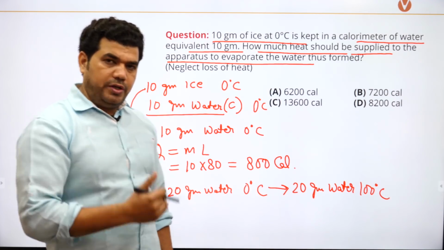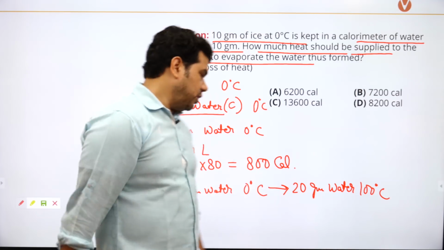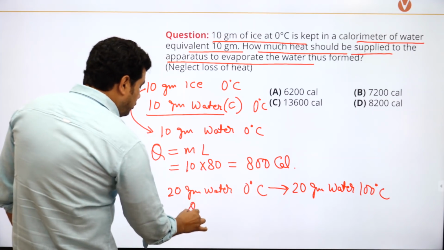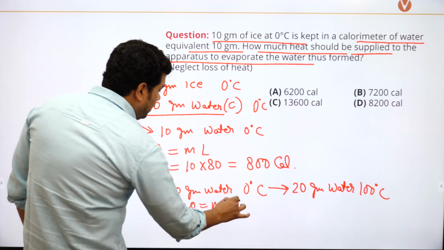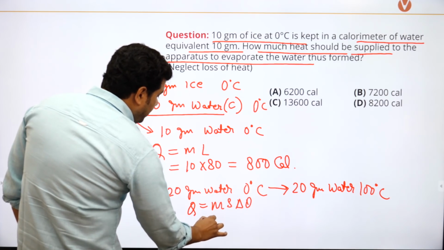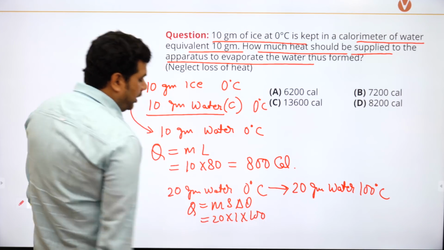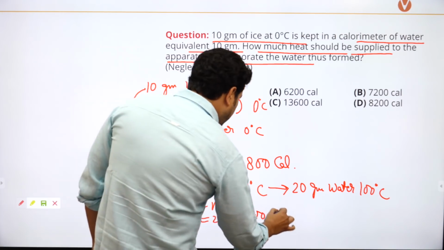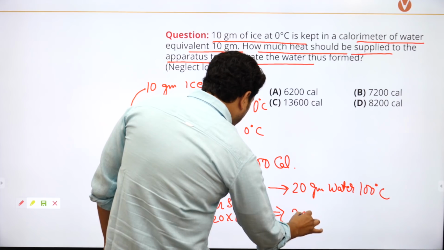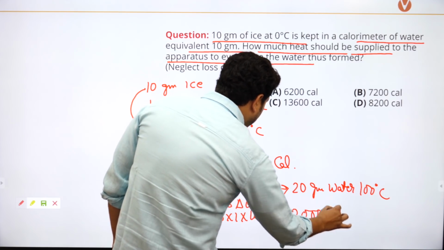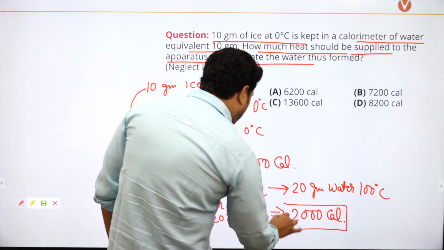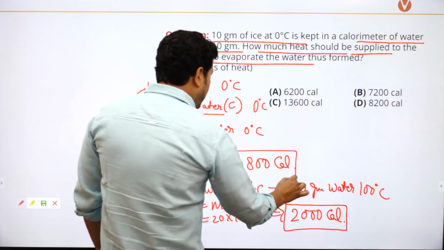So which formula should we use? For this we have to use just Q is equal to ms delta theta. m is equal to 20, s is equal to 1, theta is equal to 100. So here we require 2000 calorie of heat here. 2000 here and 800 here.